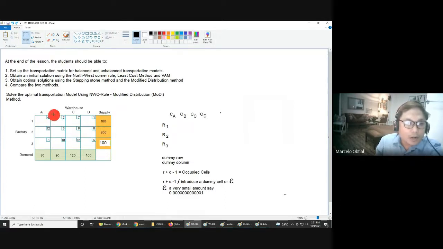Sa warehouse, meron ka lang pwedeng space intended for 80 na sacks ng bigas. So this cell cost means for every unit na ito-transfer mo, that will cost you around 4 pesos or $4. So this is the meaning of your table. It's called the transportation tableau.